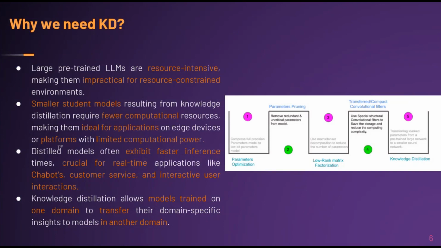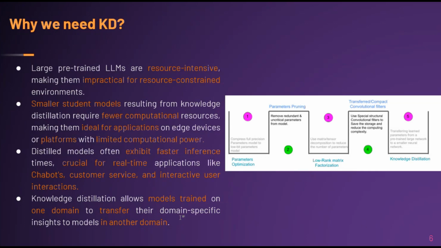So why do we need knowledge distillation? Picture this: we have got this super smart teacher model, but it's a bit too hefty for certain situations. So that's where knowledge distillation comes in, and we can shrink the teacher model down into a leaner, meaner student model.